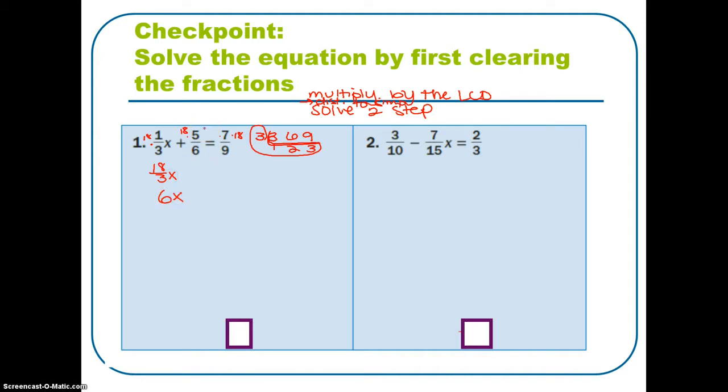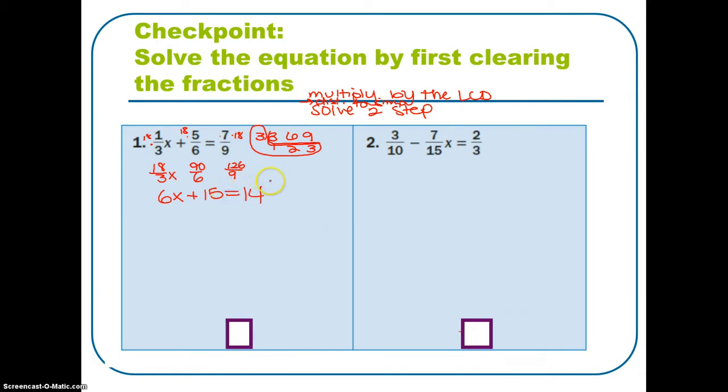Again, all you have to do is the numerator times the LCD, which is 18. You have 90 over 6, and 90 over 6 is going to be 15. 18 times 7 is 126, divided by 9 is going to be 14, so that equals 14.